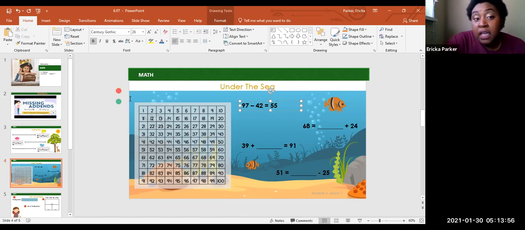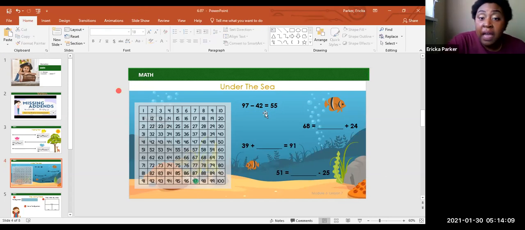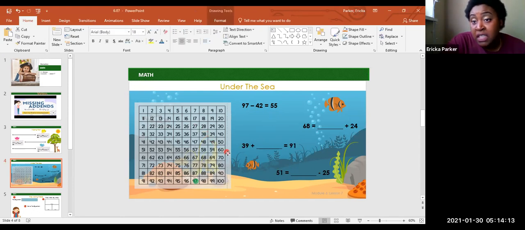Okay, so looking at the hundreds chart, we are going to start off with the green. We're going to start off at 97. Once we start at 97, we know that we have to subtract 55. So our best method is to go by the tens first. So we need to go back 10. 1, 2, 3, 4, 5.